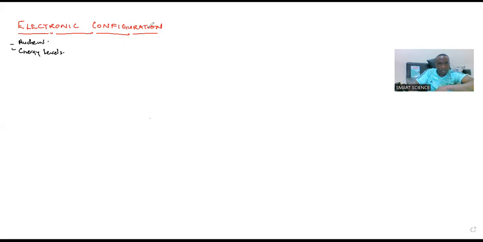So when we look at an electronic configuration in this area, we want to look at the arrangement of electrons on the energy levels around the nucleus of an atom.